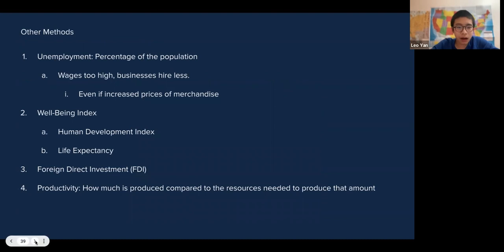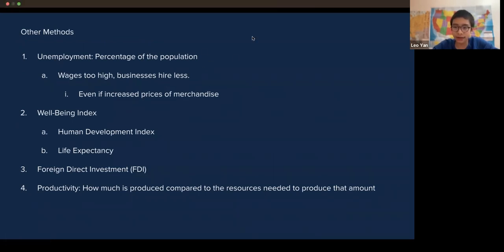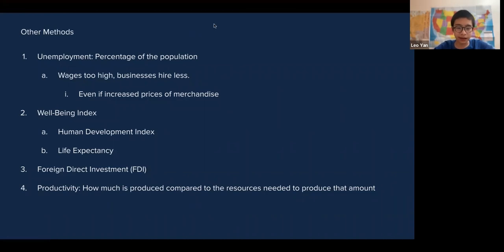And here are just some other methods to evaluate how successful an economy is. The first one is unemployment, because obviously you want people to be able to find jobs within your country. So it's measured as a percentage of the total working population. Depending on your labor laws, sometimes it's 16 years old.